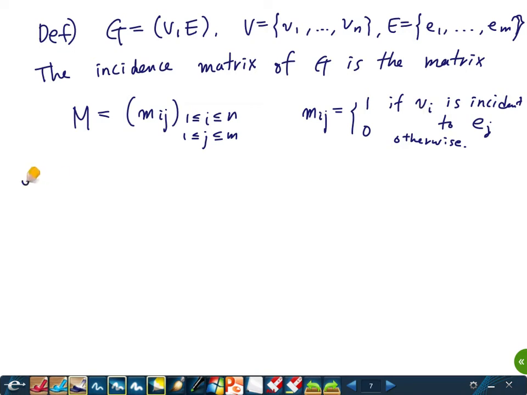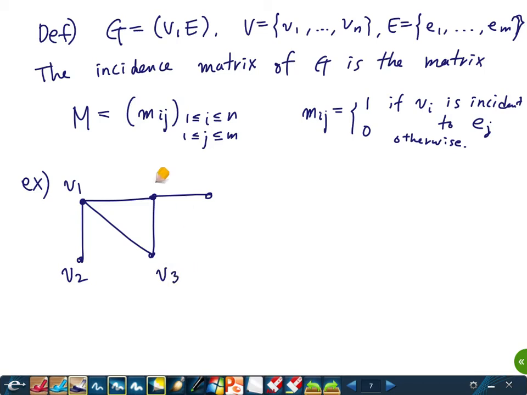So it's best to describe this using an example. So G may not be a simple graph, but it's okay. So V1, V2, V3, V4, V5, and we have edges like this. Let me label the edges like this. E1, this edge is E2, E3, and this loop is E4, and this edge is E5.